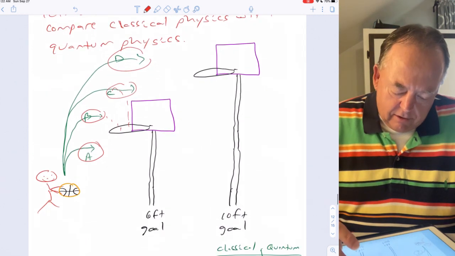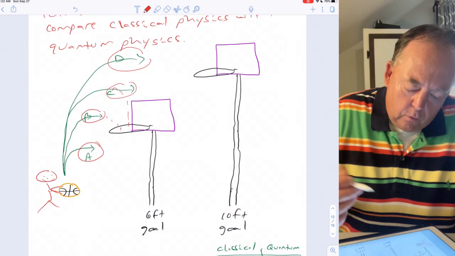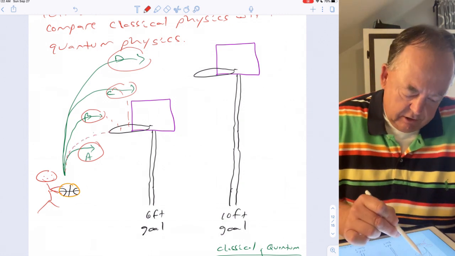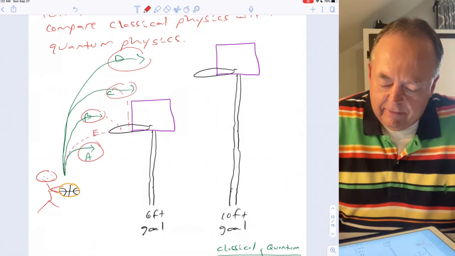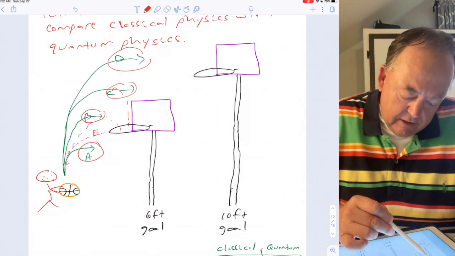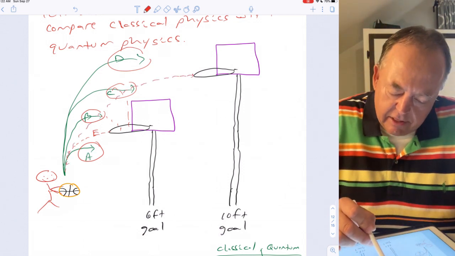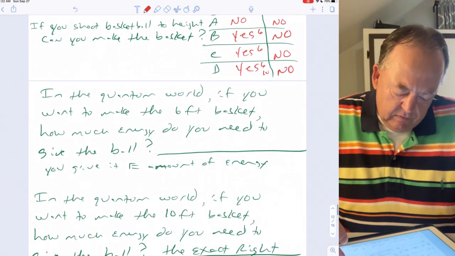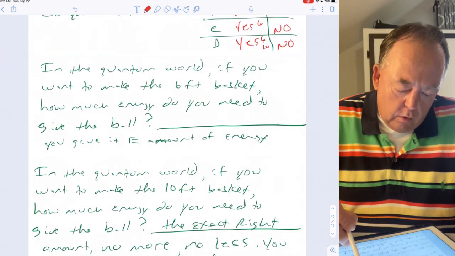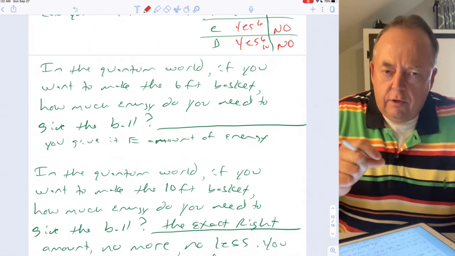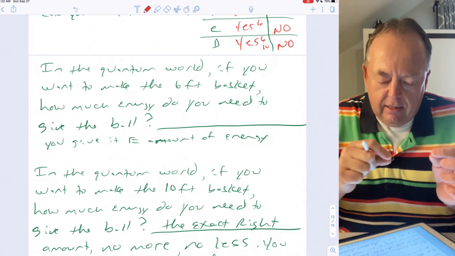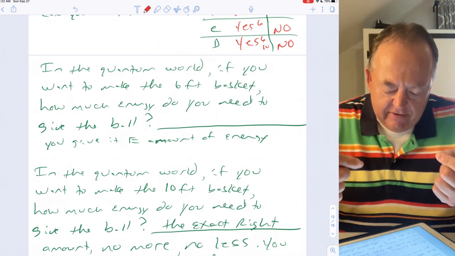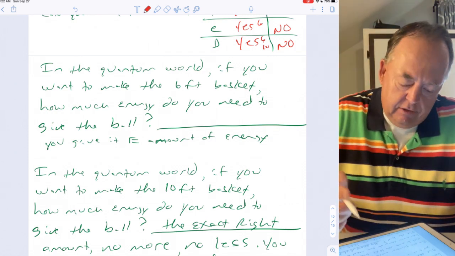So if you want to make the 6-foot hoop, what do you have to do? You have to give the basketball this much energy. We'll call that E. If you want to make the 10-foot hoop, you have to give the basketball this much energy. We'll call that F. In the quantum world, if you want the transition to happen, and this could be electrons moving between shells, you have to give it exactly the right amount of energy.